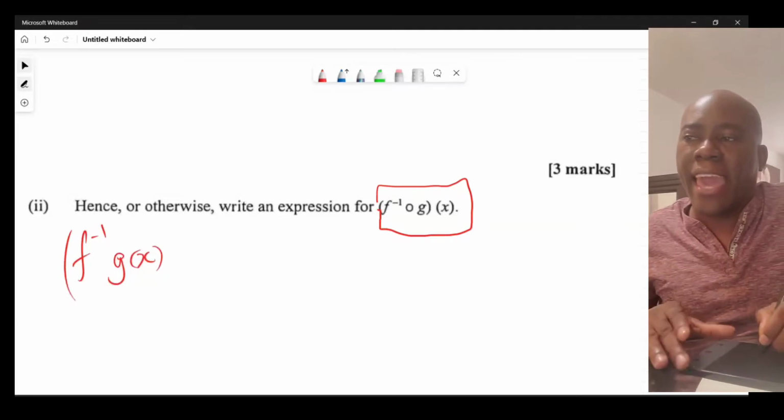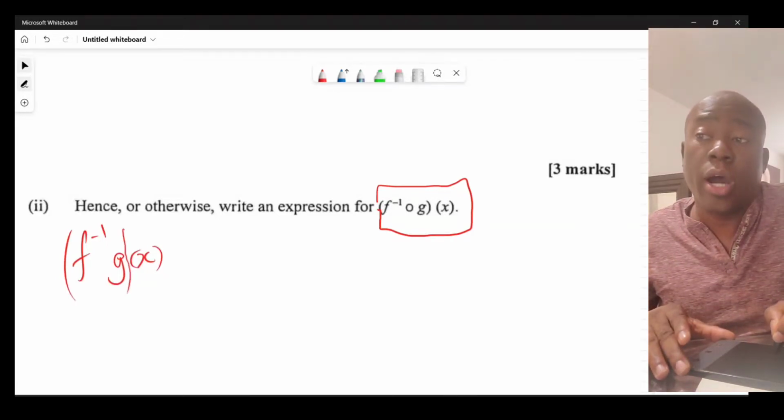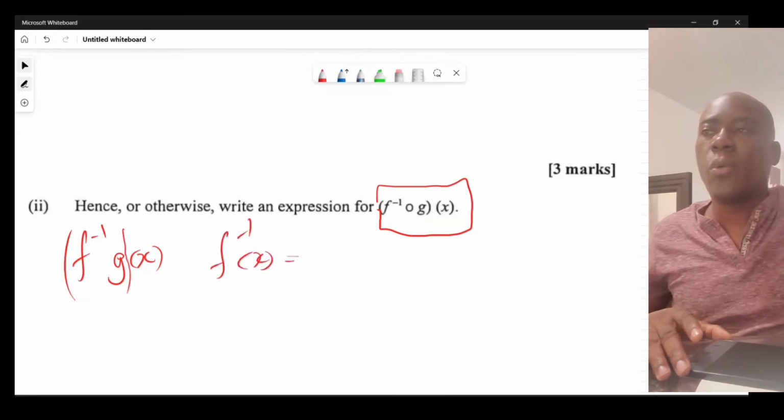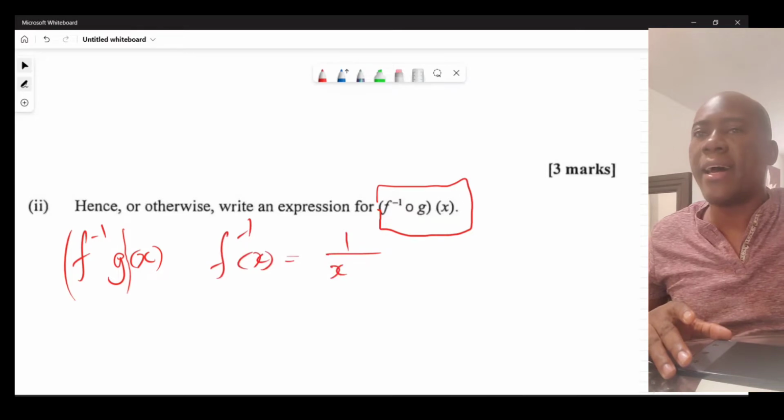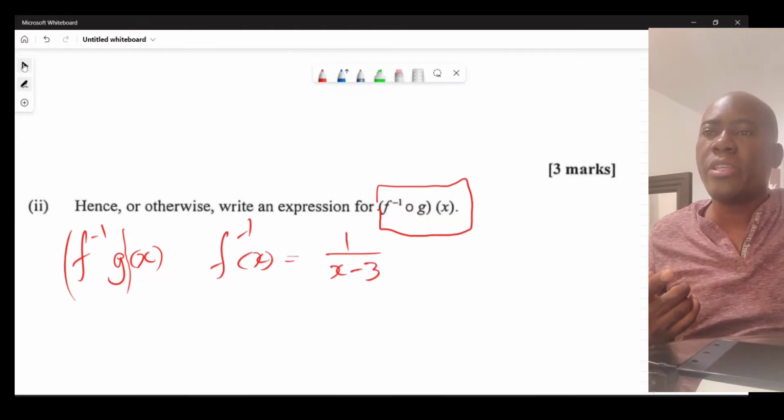The inverse function is 1/(x - 3). If you want to quickly verify that, you could swing back and look: 1/(x - 3). There it is.